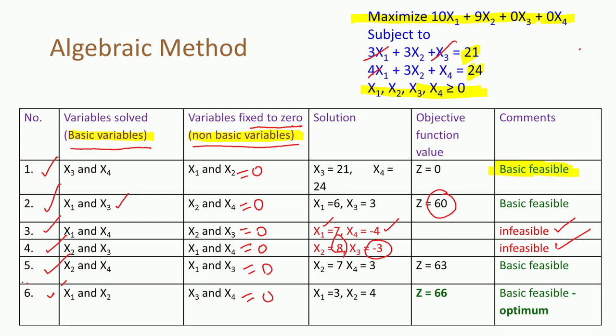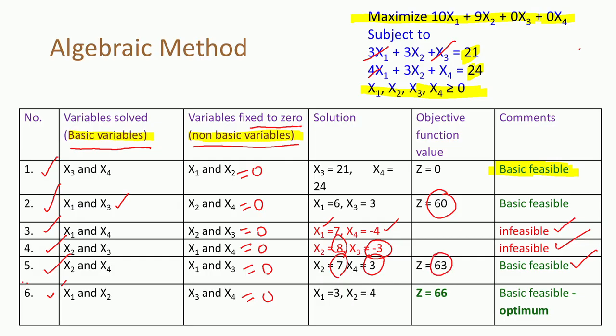From the first equation, we get 3x2 equal to 21, so x2 is equal to 7. Now, we substitute in the second equation, 7 into 3 is 21, plus x4 equal to 24, x4 equal to 3. So, this is basic feasible because it satisfies the non-negativity restriction. The value of the objective function is 9 into 7, which is 63.